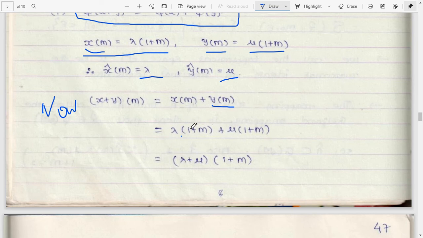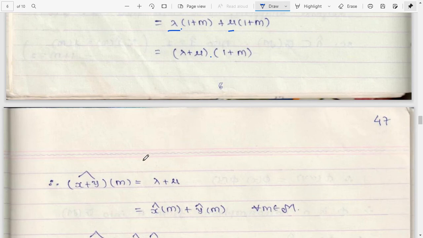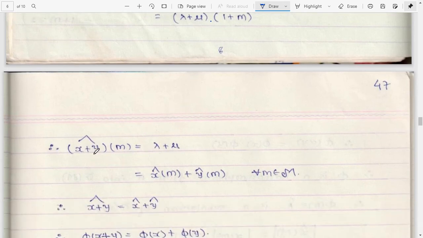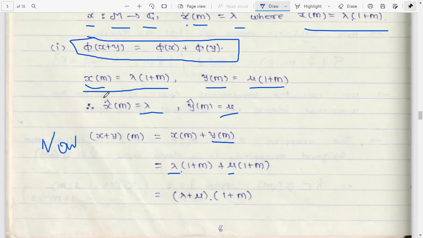Now simplifying this, 1 plus M is common, so we get lambda plus mu into 1 plus M. So X plus Y cap of M is equal to lambda plus mu, because X cap of M is equal to lambda.